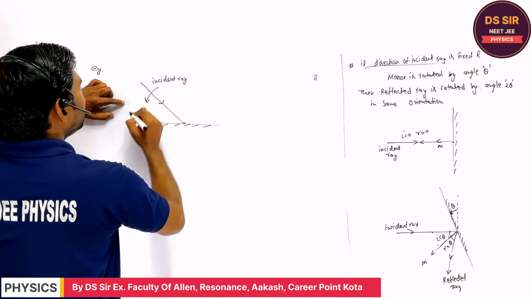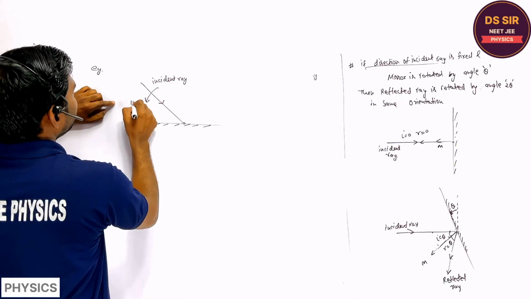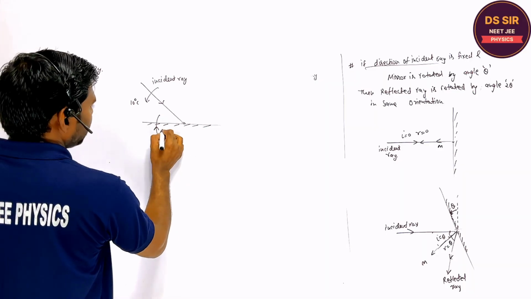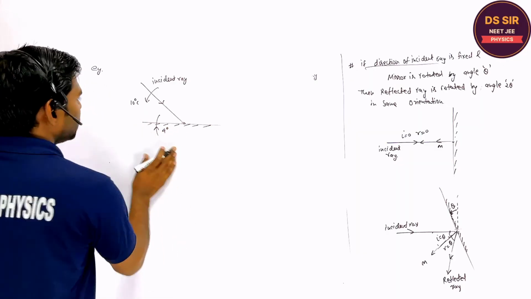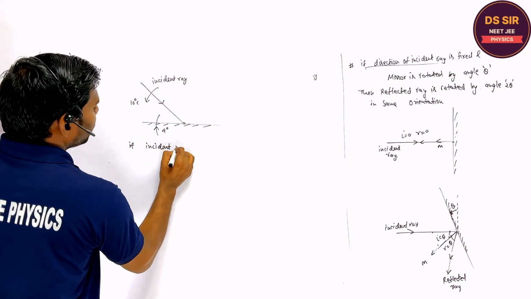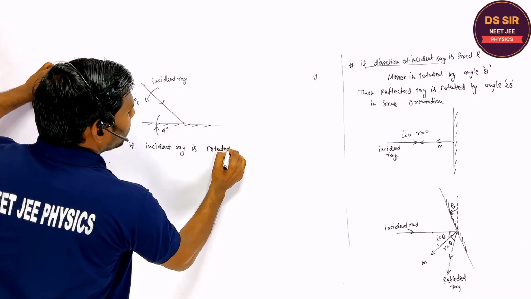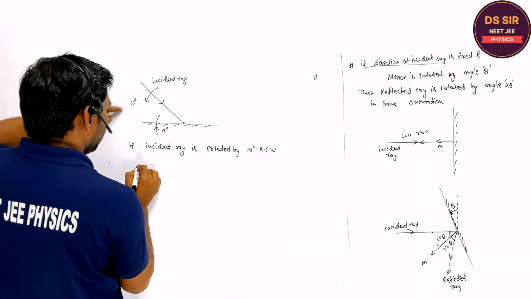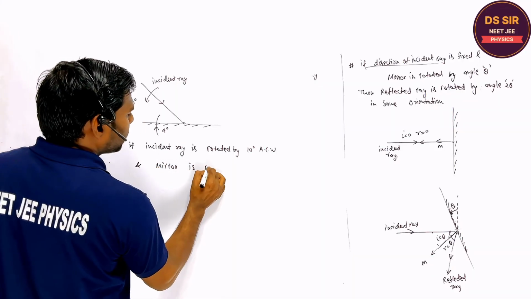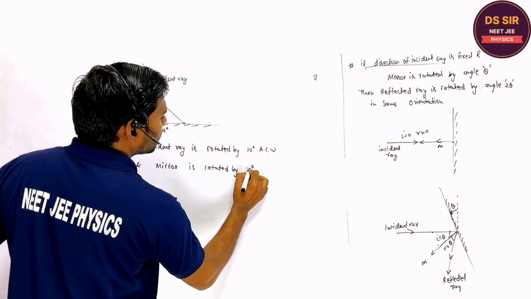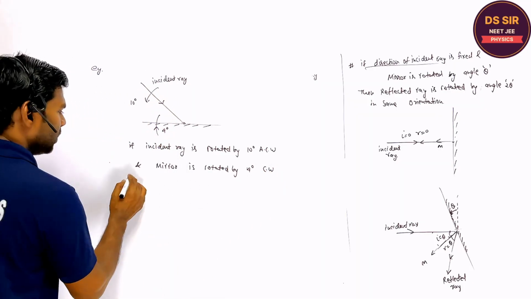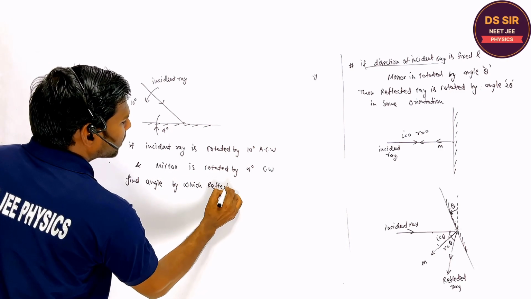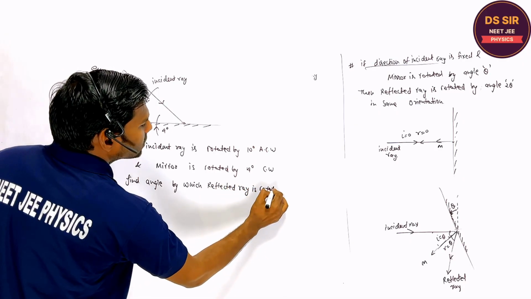If the incident ray is rotated in anti-clockwise direction by 10 degree, and this mirror is rotated by 4 degree in clockwise direction, find the angle by which the reflected ray is rotated. You understand or not?